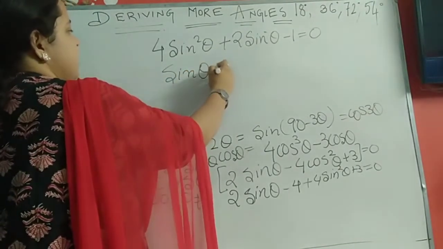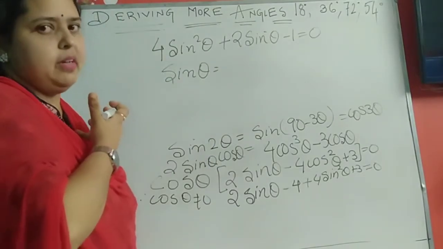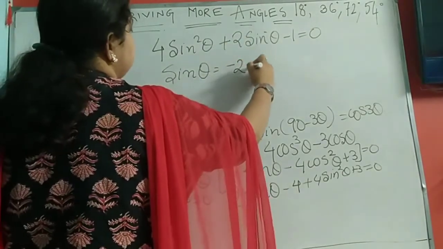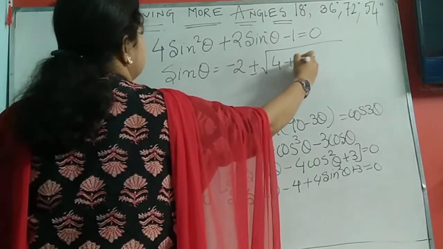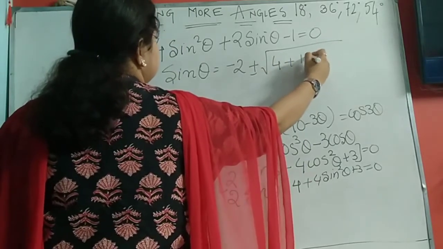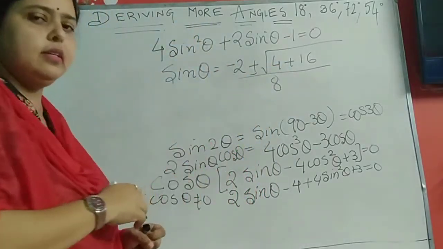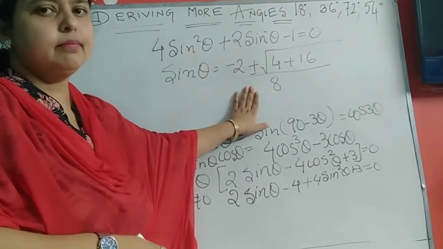So what is sine theta? We are using Sridharacharya's formula, the quadratic formula, the famous minus b plus minus root over b square minus 4ac. So it is making 16, and in the denominator it is 8. Correct? I hope it is clear.